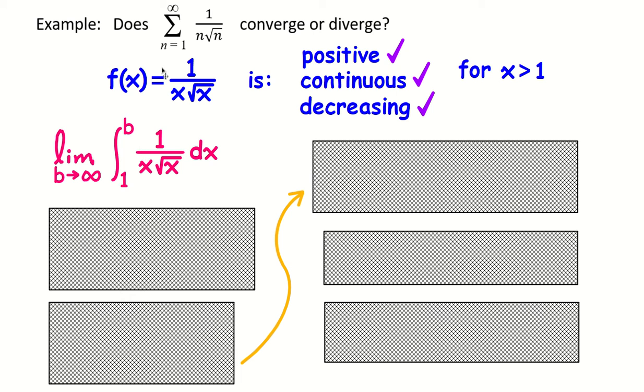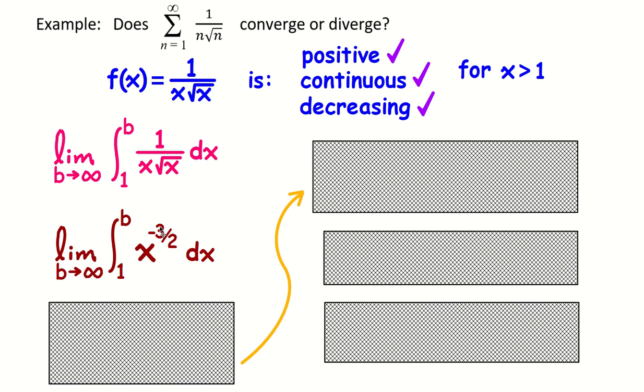Technically, to integrate, we're going to go from 1 to b and take the limit. We're integrating and using a limit because it's an improper integral. Remember this from last unit?